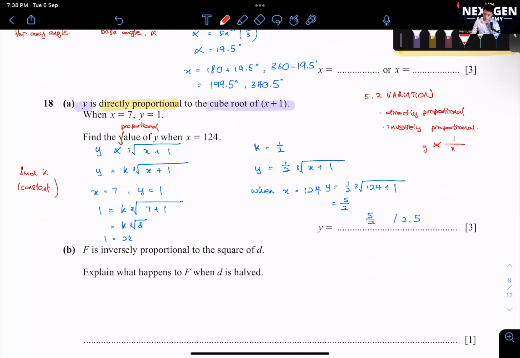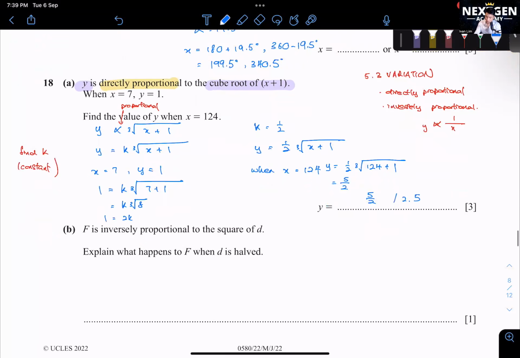So they say F is inversely proportional to the square of d. Be careful. I'm pretty sure you will get some marks in the middle also. The final answer normally will just have 1 mark. So when they say it's inversely proportional, F is inversely proportional to the square of d, so d squared.